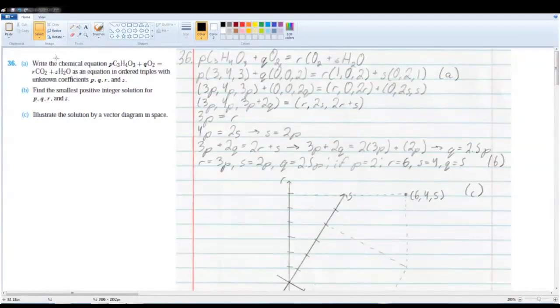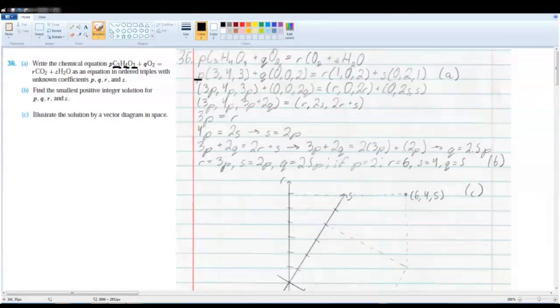So here is the question. It's basically a combustion reaction. You don't need to know that though. And basically what it's asking for is to convert each molecule into basically a vector. So for instance, there are 3 carbons, 4 hydrogens, and 3 oxygens. So I wrote that as, and it also wants the P as an unknown coefficient.